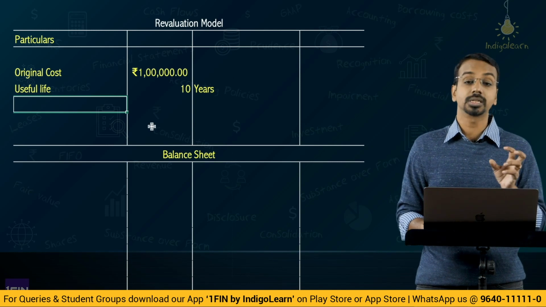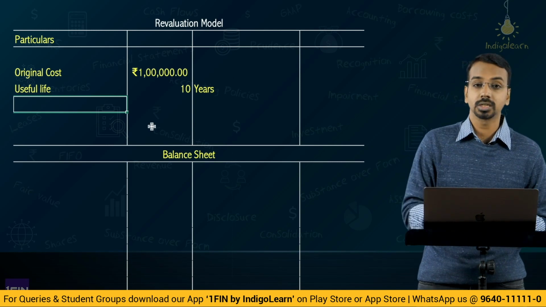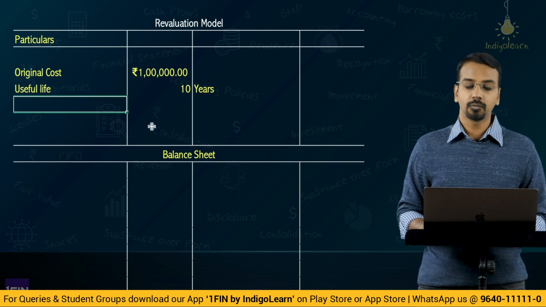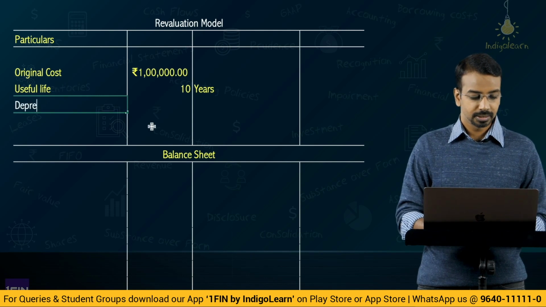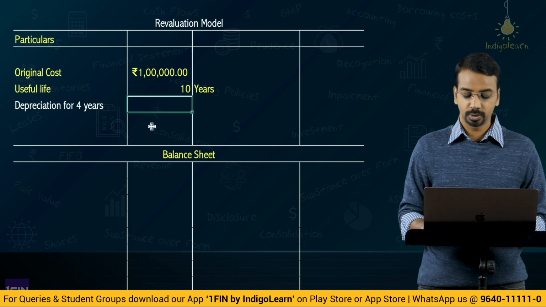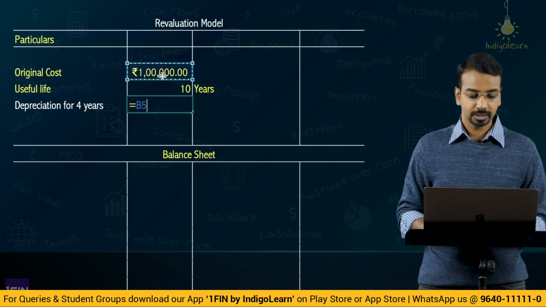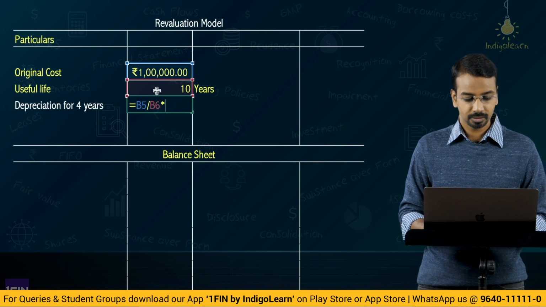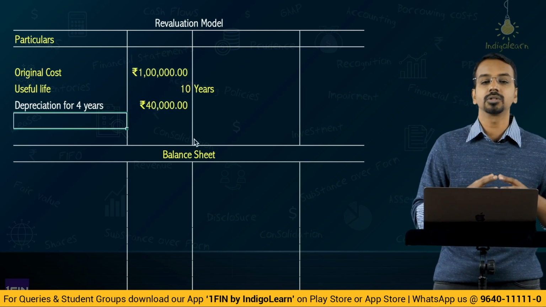So, let us see how it works out. Now, the original cost is 1 lakh and we are doing it after 4 years. So, we have to calculate depreciation for 4 years. How much will that be? 1 lakh divided by 10 multiplied by 4. So, 40,000 is the depreciation.